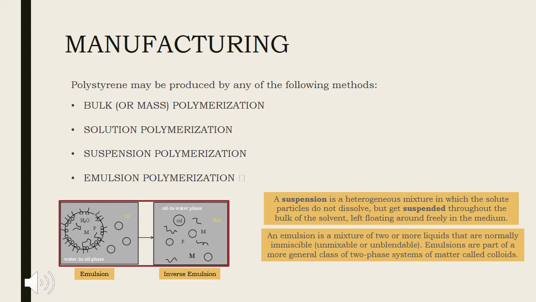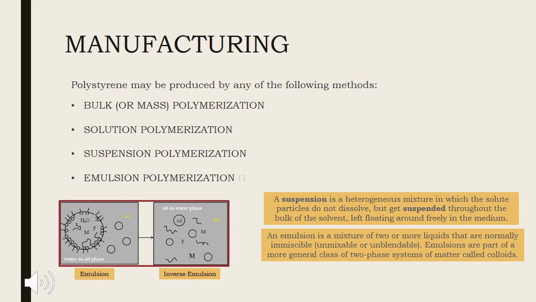In suspension polymerization, reaction takes place by suspending monomer in a water phase. A suspension is a heterogeneous mixture in which solute particles do not dissolve but get suspended throughout the bulk of the solvent, left floating around freely in the medium.